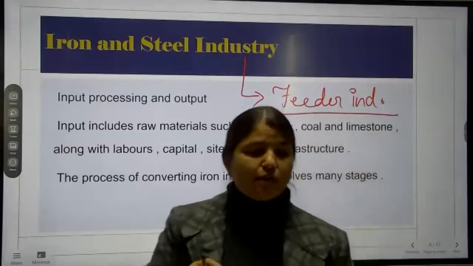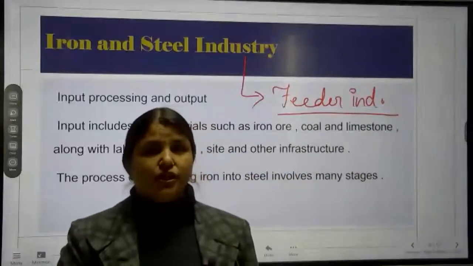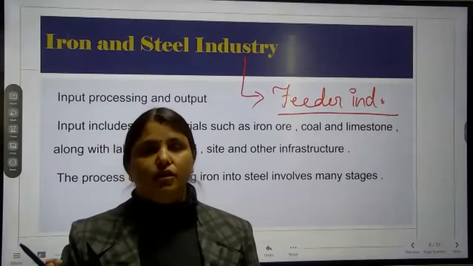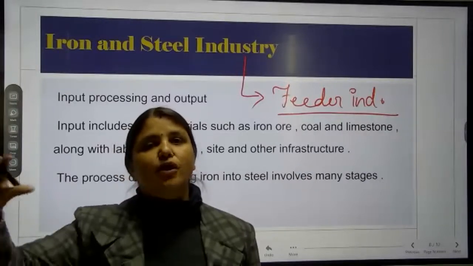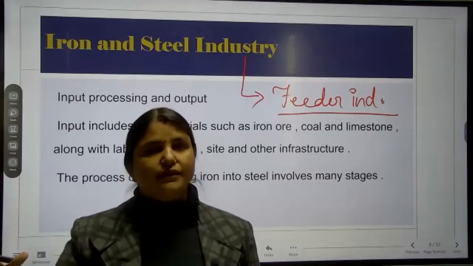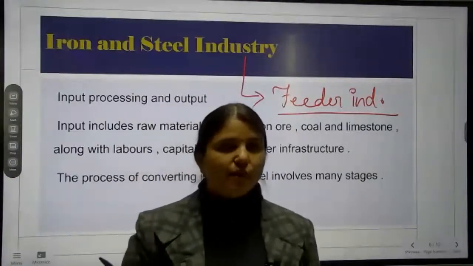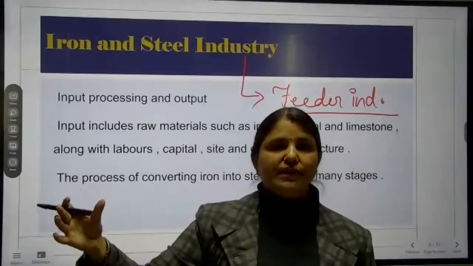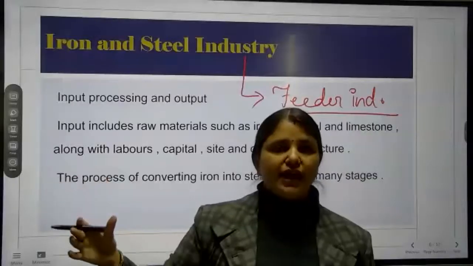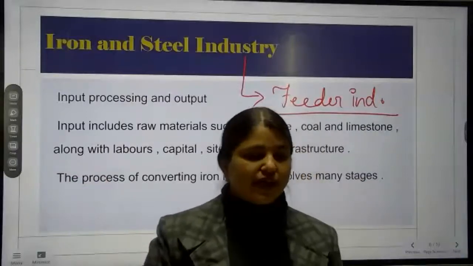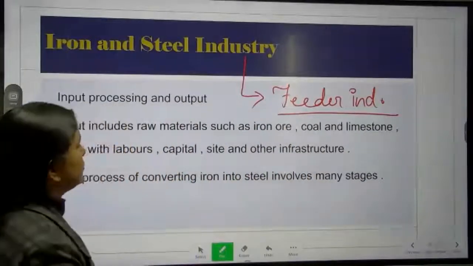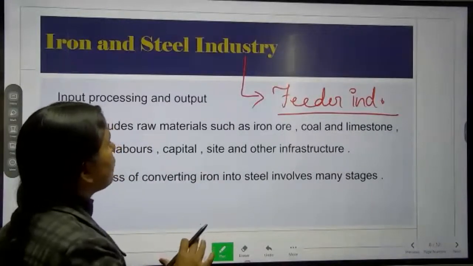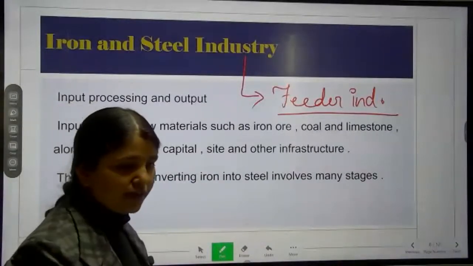Because in the iron and steel industry, they produce raw material, which they supply to other industries, and other industries take that raw material for making machineries, equipment, tools, electronics, etc. Because of that, the iron and steel industry is known as the feeder industry, because it provides raw material to other industries.